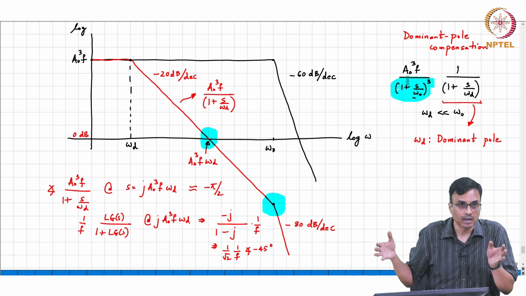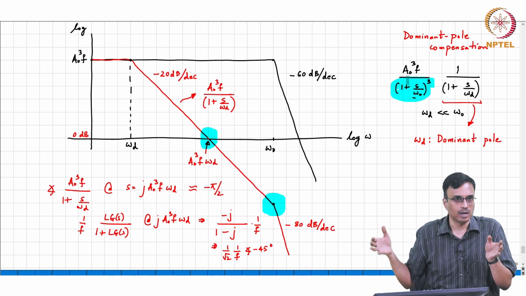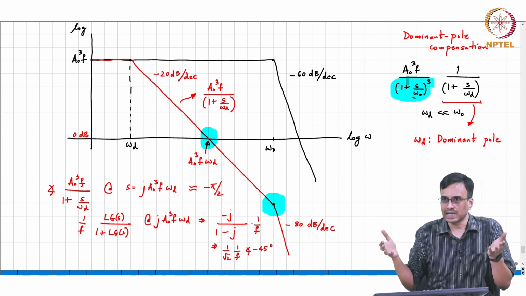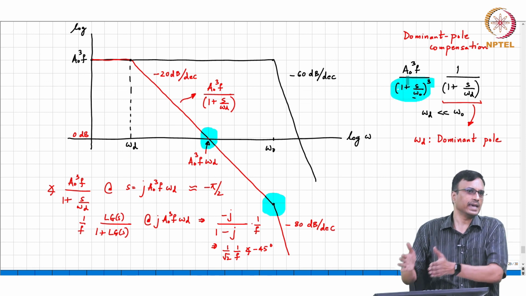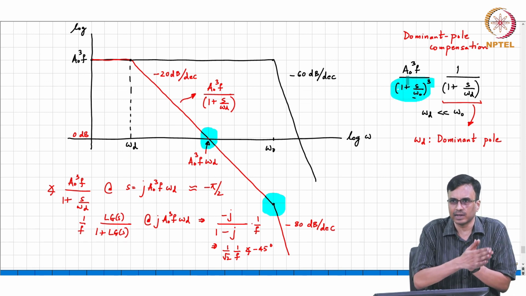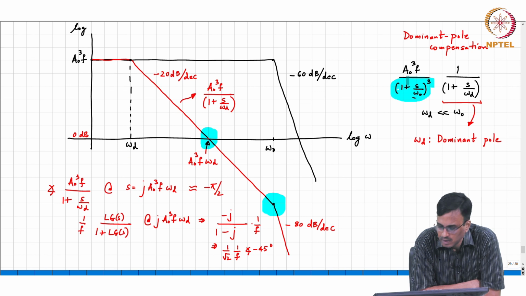Far apart, which is smaller? So, to make this look like a very good first order system, you must choose the unity gain frequency to be way smaller than the location of the higher poles. Does it make sense?